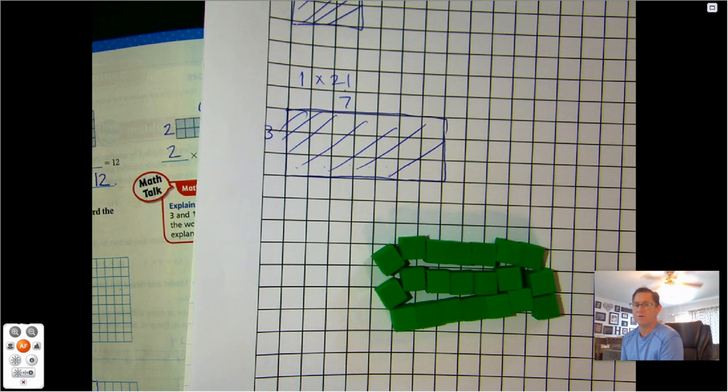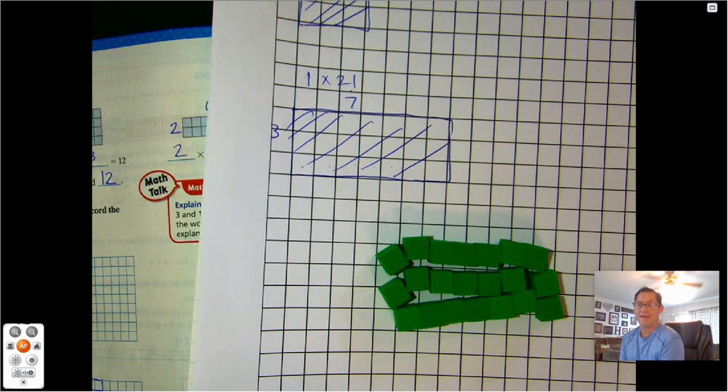7, we already have 7. 8, 16, 24, 32, 40. What do you notice about 8s? They also had multiples that are even, so 8 won't work. 9, 18, 27. Nope. 10, 20. Oh, 10s. They always have to end in a 0, huh?